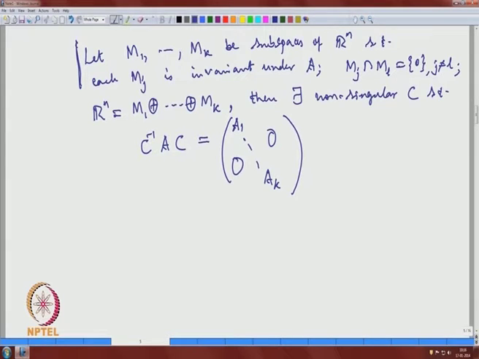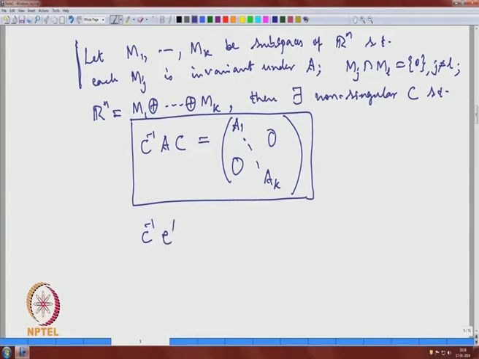Okay. So, this is important. In this case, immediately we see that C inverse e to the A C is e to the A 1 up to e to the A k. This we saw yesterday.